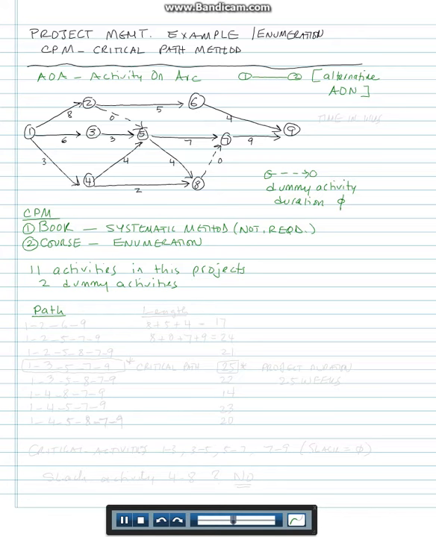So we go from 1 to 2 to 6 to 9. That would be one path.